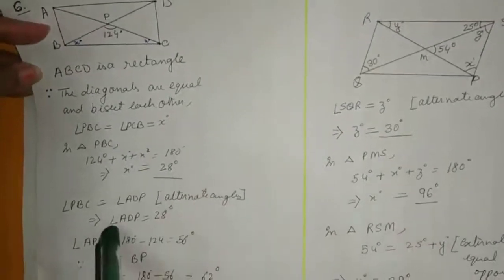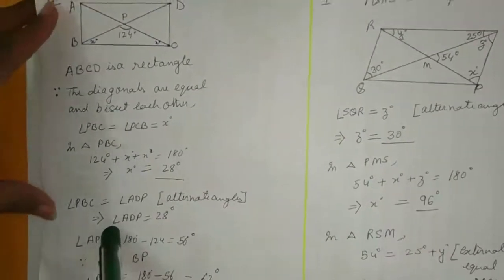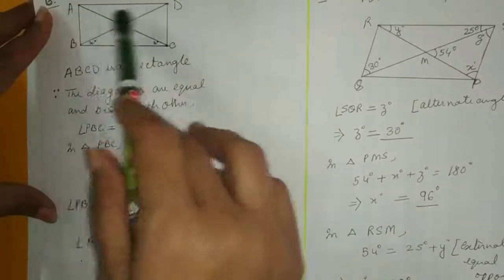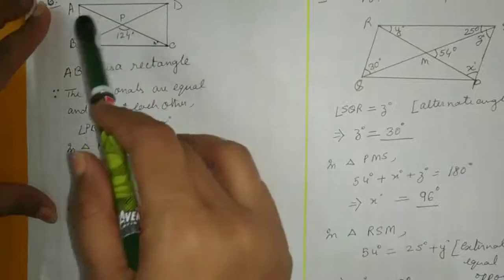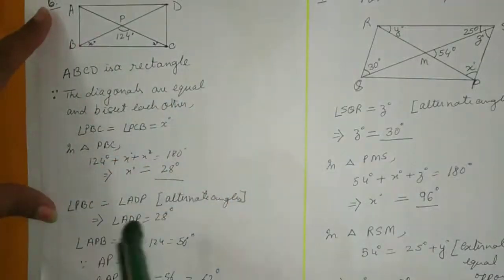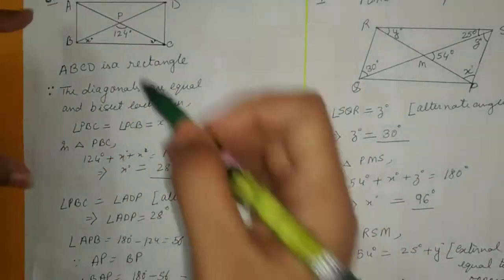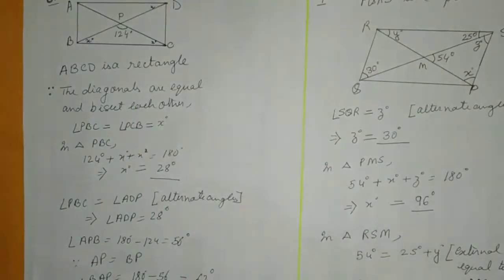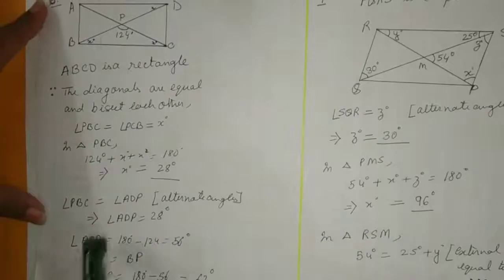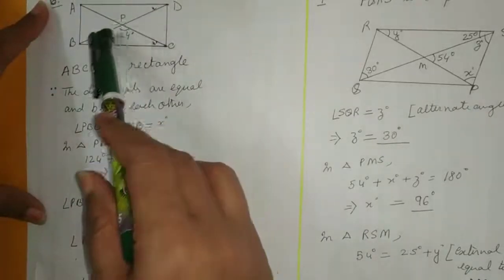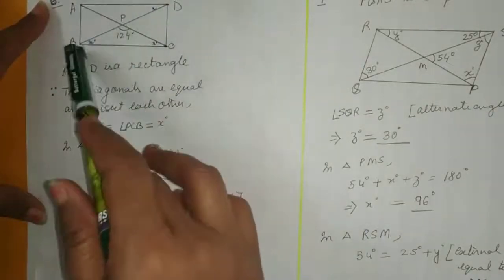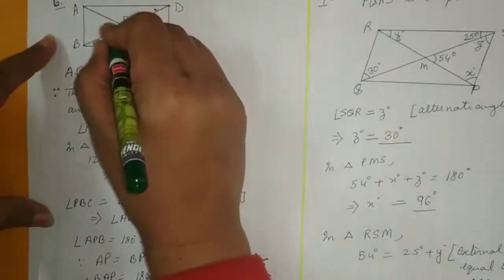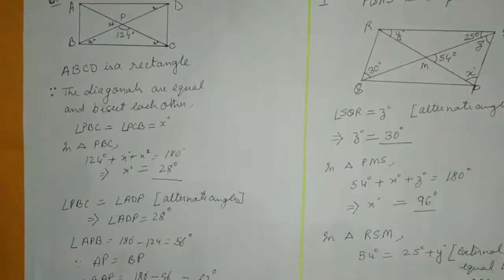Now angle PBC and angle ADP are alternate angles. Okay, it's a rectangle, so angle ADP is also X degrees, that is 28 degrees, and angle APB is 180 minus 124, so this is 56 degrees.